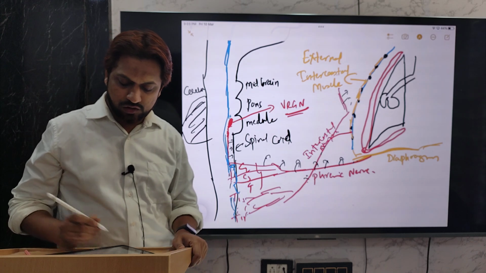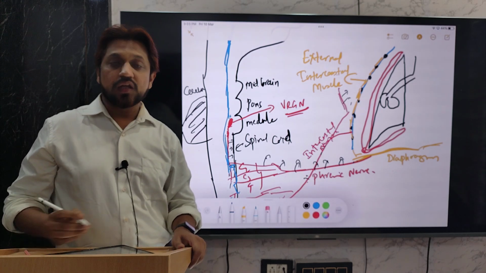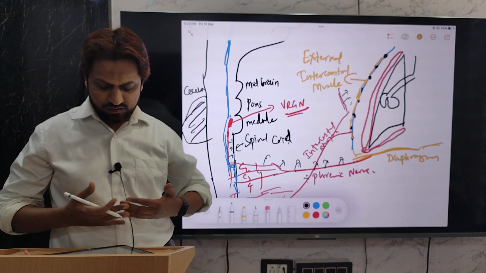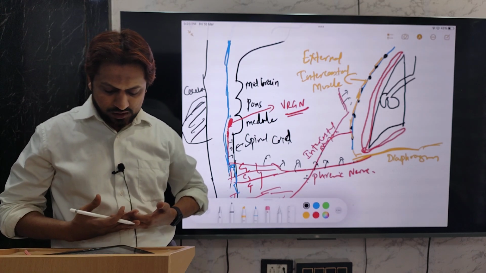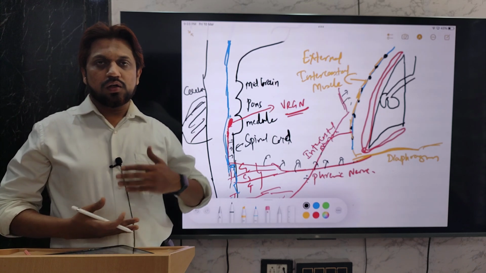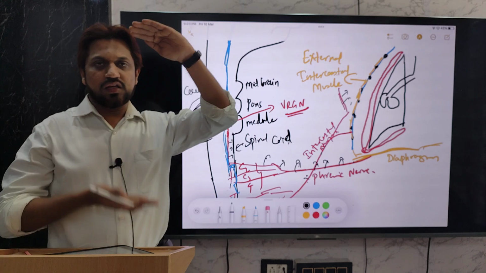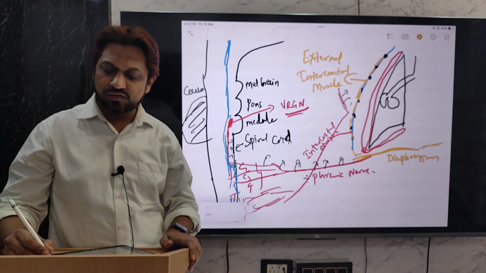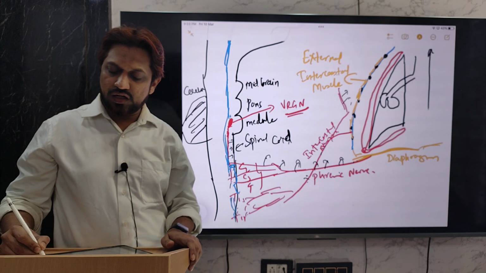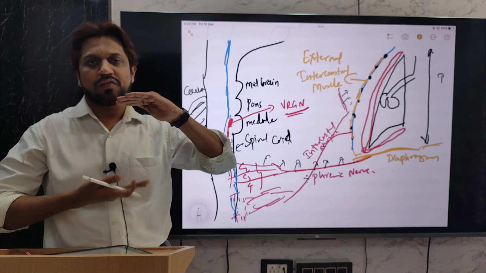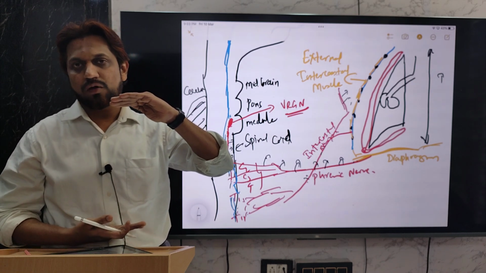Firstly, when the diaphragm, one of the principal inspiratory muscles, contracts, it will descend down. So the volume of the thoracic cage cavity will increase in the vertical diameter, because the diaphragm is pulled down towards the abdomen.